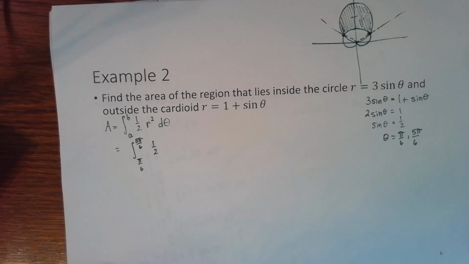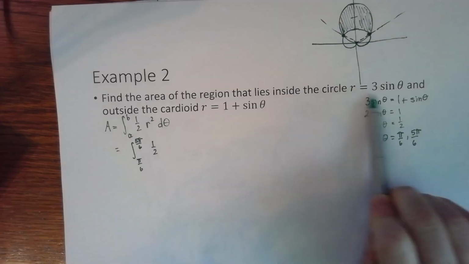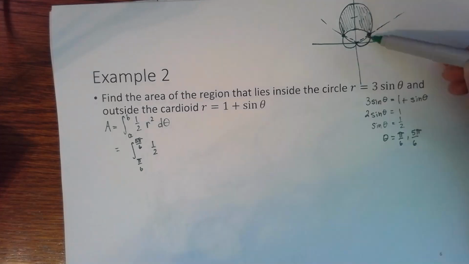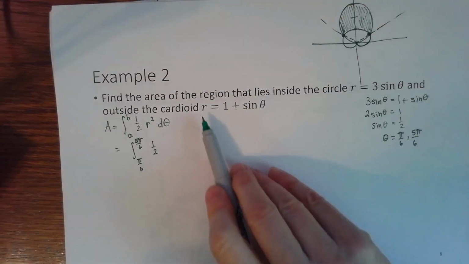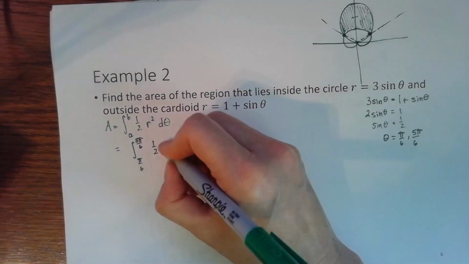So thinking about this, if I do this as my r value, I'll get not only the area in the circle but also this area down here. So we'll want to do that, but then we'll need to subtract off this area that's in the cardioid. So let's do this one.